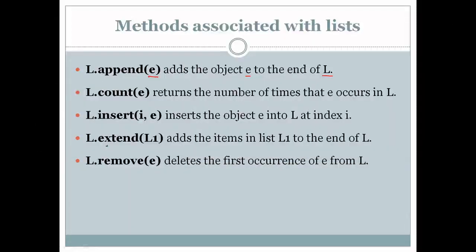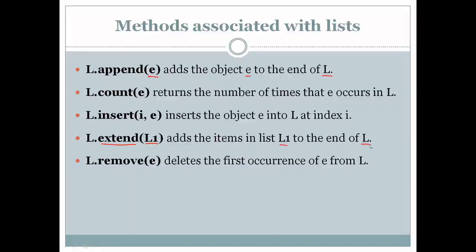The next is L dot extend. Again, L dot extend L1 adds the items in list L1 to the end of list L. So this particular method adds not a single item but multiple items, a whole list, can be added to the list.